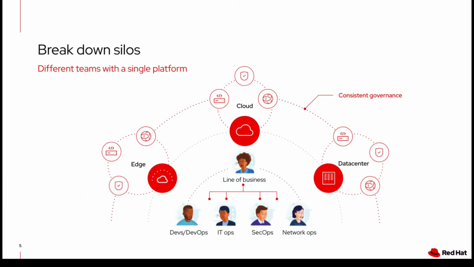And so, we want to be able to address a lot of these challenges by integrating different tools within these different silo domains. We want to streamline the processes around the different tools. We want to break down the silos between the teams by integrating the various tools and processes across these different teams. And we want to establish consistent governance, right?